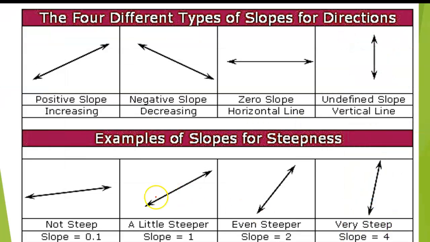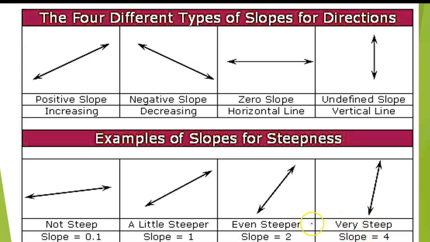The closer the line is to being vertical, the steeper the line is, whether negative or positive. If the slope is 0, it's very easy to work with, no stress.